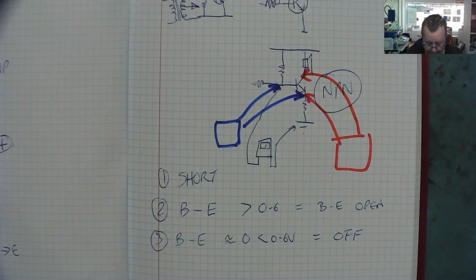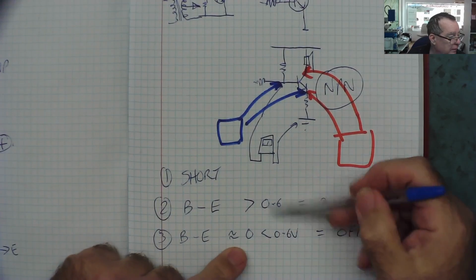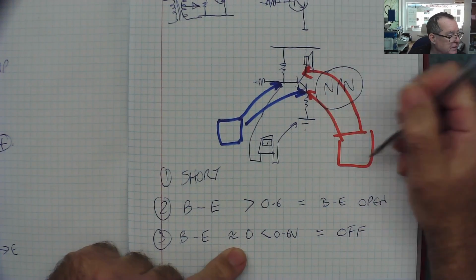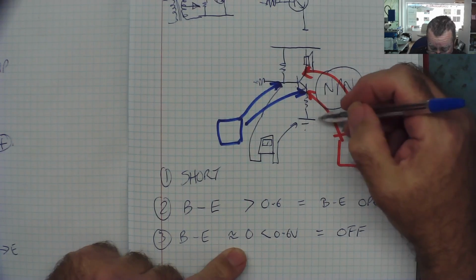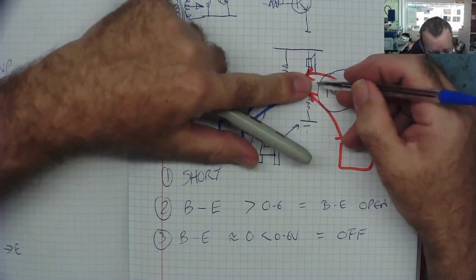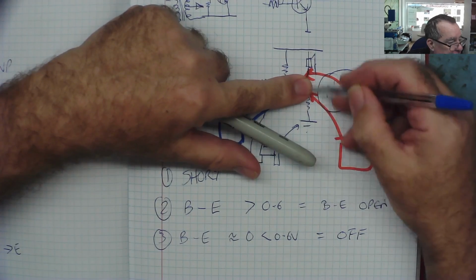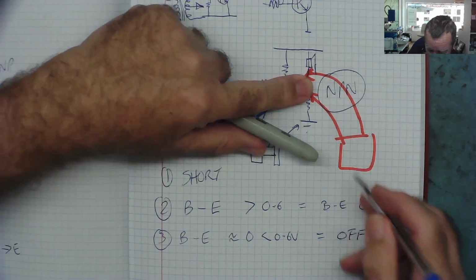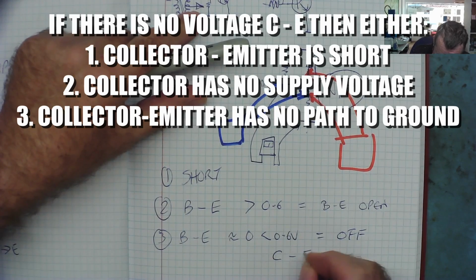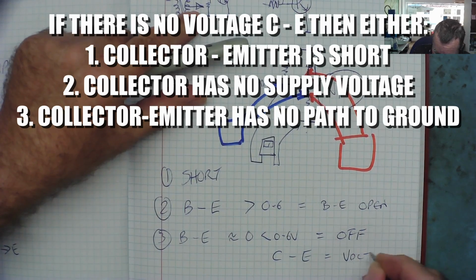If the transistor's off, less than 0.6 on the base, then we should read a voltage across here. The voltage is probably between ground and the power rail, because no current is flowing. So it's effectively the same as measuring here and here. So the transistor is off, then you'd expect between collector and emitter to be a voltage. It's off, yeah?